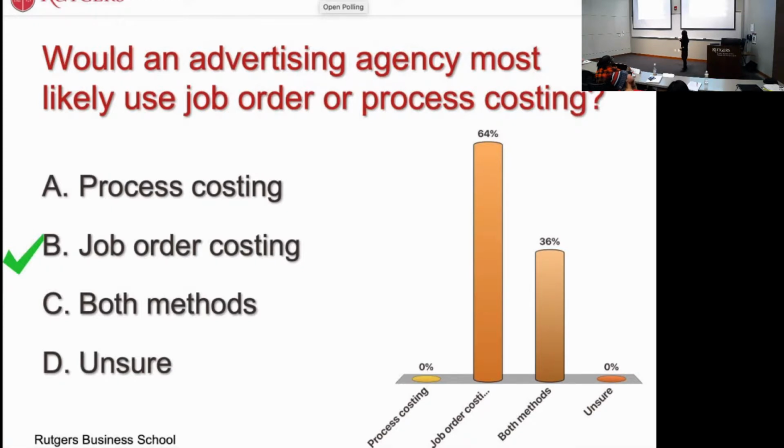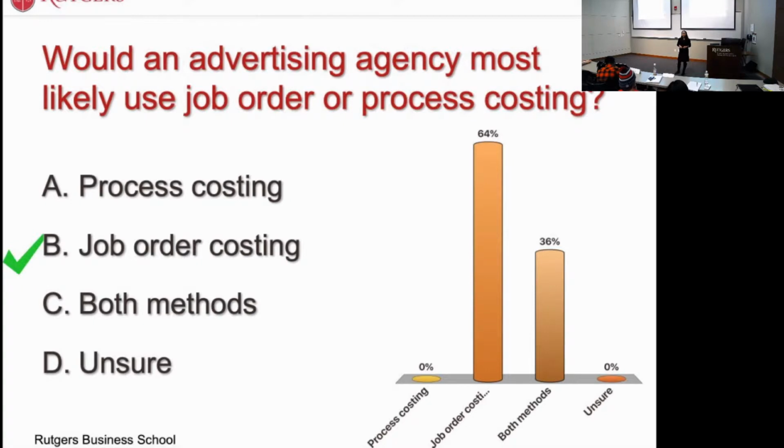Can someone who chose C tell me why you think a process costing might be possible? For people who chose C, you are saying that advertising agencies might use both, right? Yes. Actually, there are some advertising agencies that specifically focus on billboards, for example.